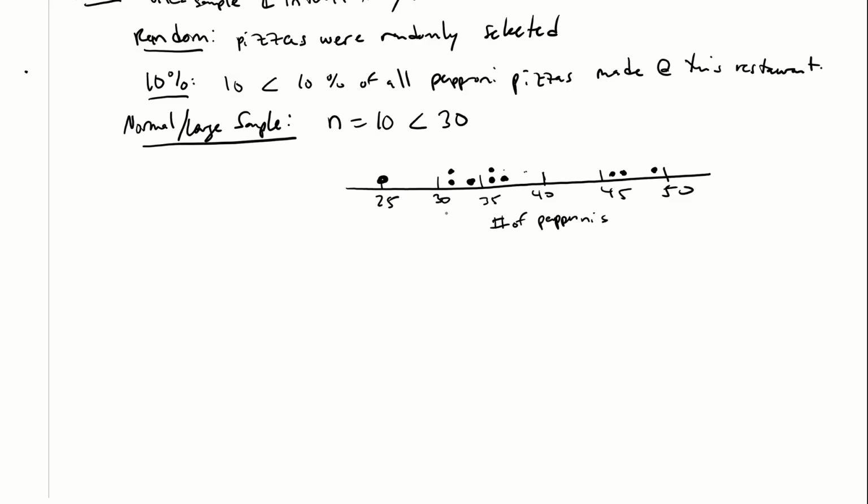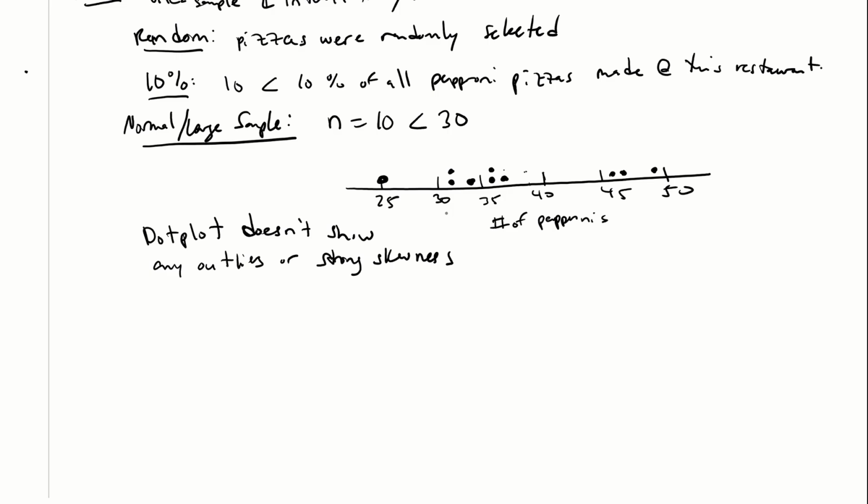All right, so the dot plot doesn't show any outliers or strong skewness. Okay, you can see that because you have a big cluster there, and then you have a cluster there.